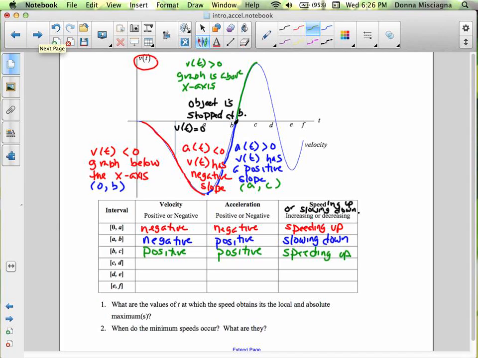From C to D. I need another color, purple. All right, so the velocity curve is still above the x-axis, so it is still positive. On the other hand, notice that a of t is going to be less than 0 because v of t has a negative slope.